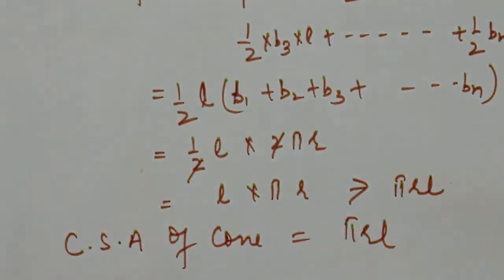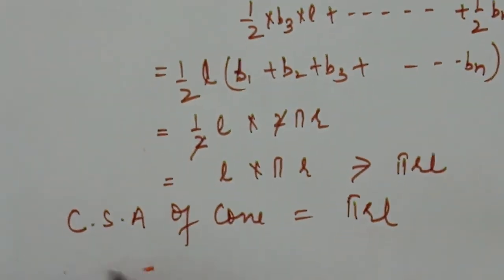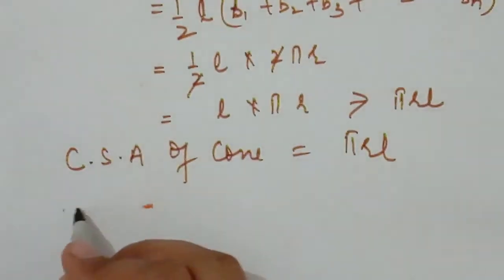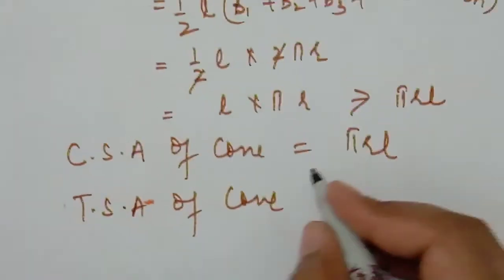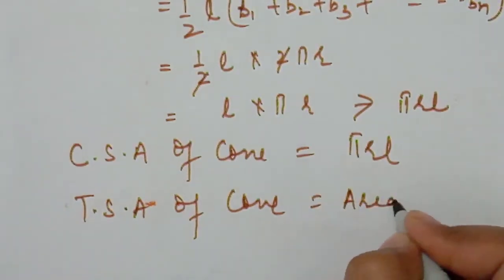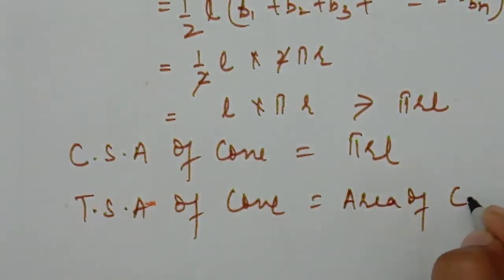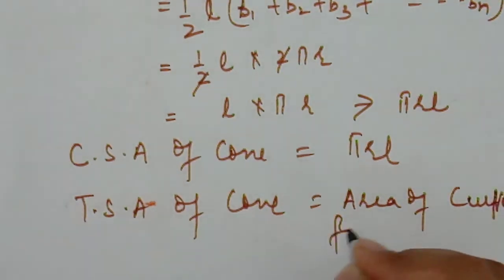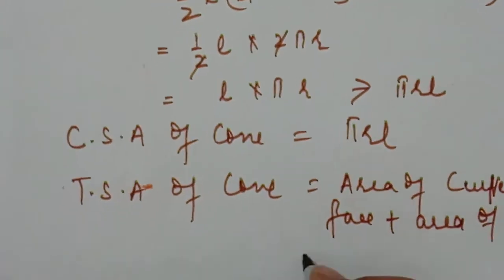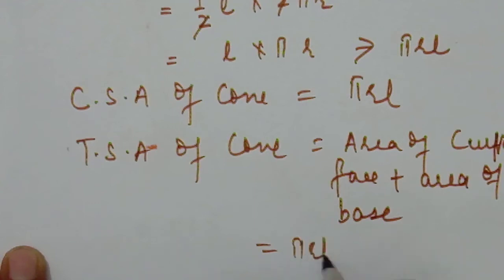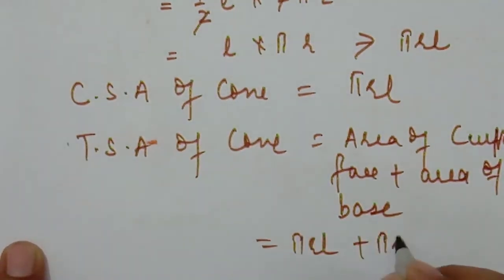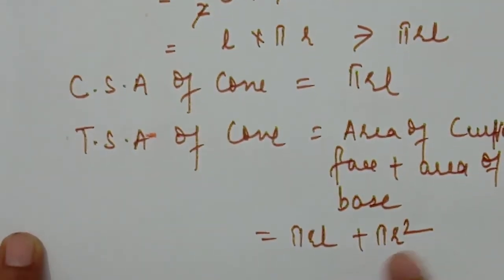The curved surface area of the cone is pi r l. And now we are talking about the total surface area of the cone. Total surface area of the cone means the area of the curved face plus the area of the base. The curved face area is pi r l and the base is a circle, so it is pi r square.